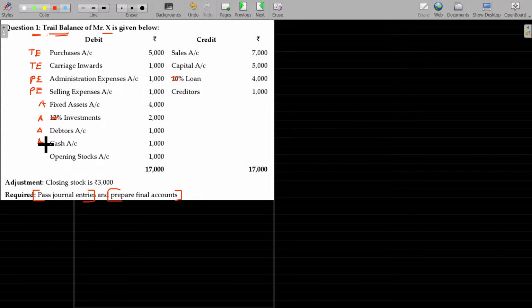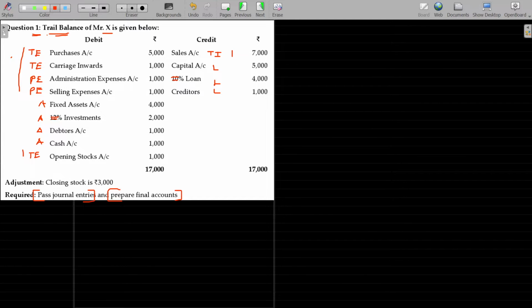Cash, asset. Opening stock, trading expenses. Sales, trading income. Capital, liabilities. Loan, liability. Creditors, liability. Is that okay? So we need to pass the transfer entry only for these items.